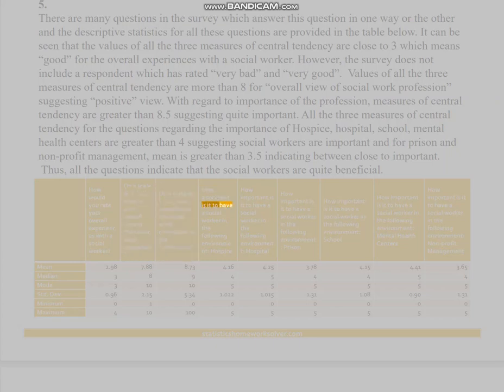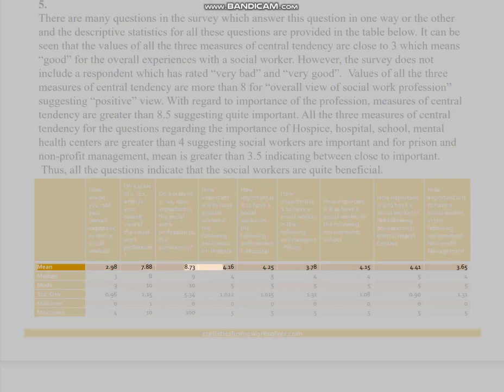How important is it to have a social worker in the following environments: hospice, hospital, prison, school, mental health centers, non-profit management.